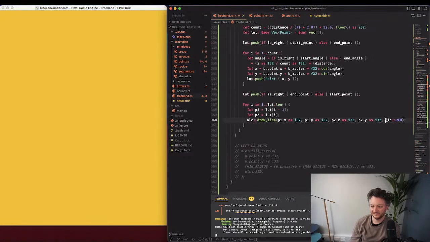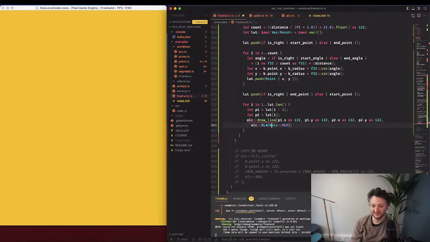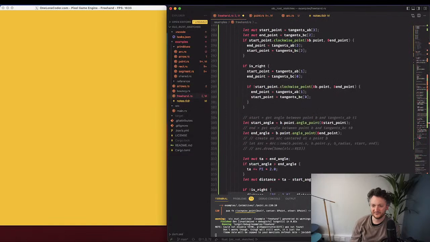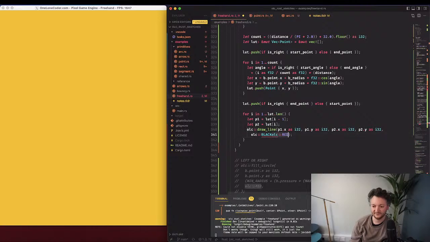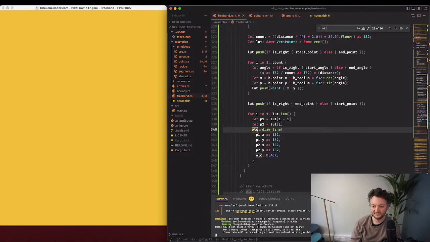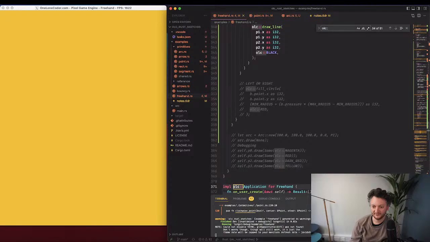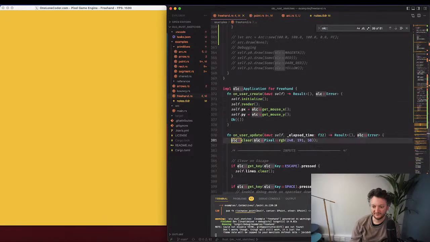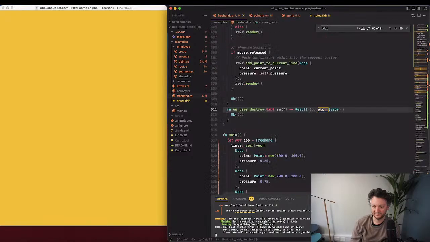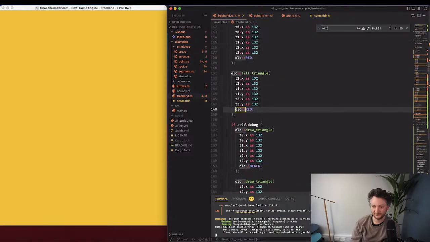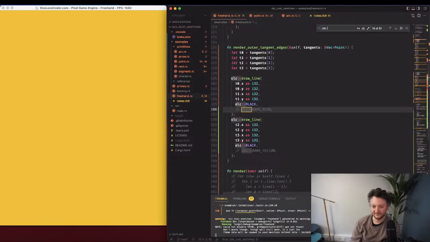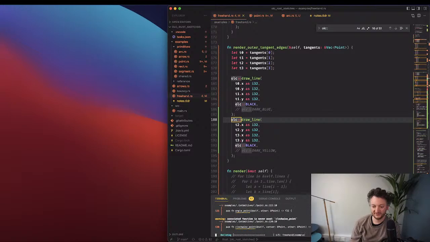Let's see, red. Actually, I want this to be OLC black. Load. Any other colors? Let's try that again.